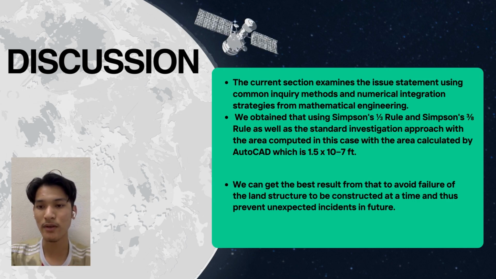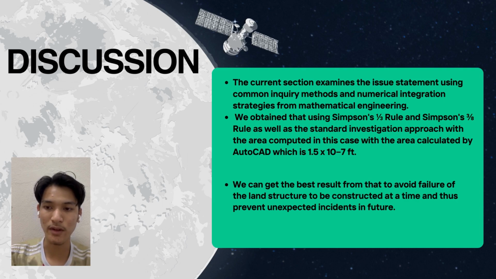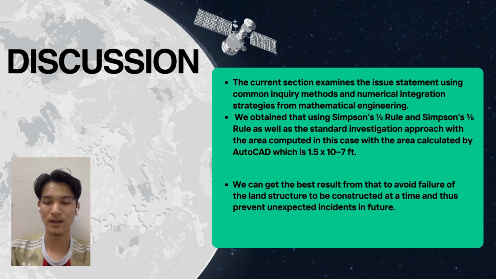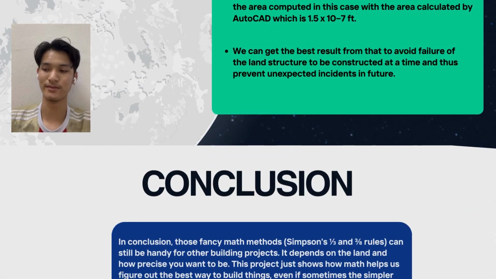We obtained that using the Simpson 1/3 rule and Simpson 3/8 rule, as well as a standard investigation approach with the area calculated by AutoCAD, we can get the best result to avoid failure of the structure and thus prevent unexpected incidents in the future. That's all from me. Thank you.